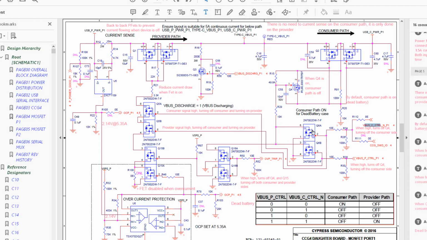So it connects this bit to ground. When we pull this bit to ground, this turns on this FET. And when this FET is on, it shorts out this point. So it shorts out this resistor here.